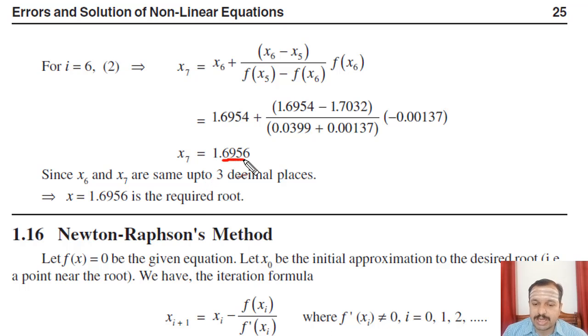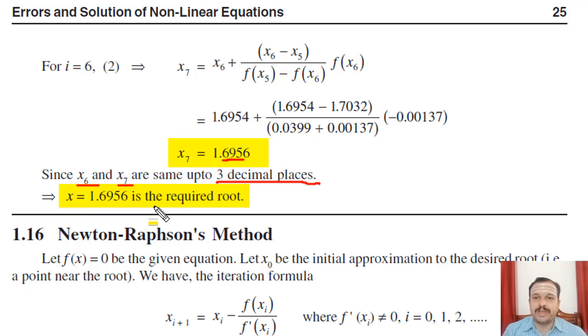The two answers x6 and x7 are the same up to 3 decimal places, and hence we can conclude that whatever answer we get in this step, that is the final answer. So this is our conclusion. The required solution is 1.6956.